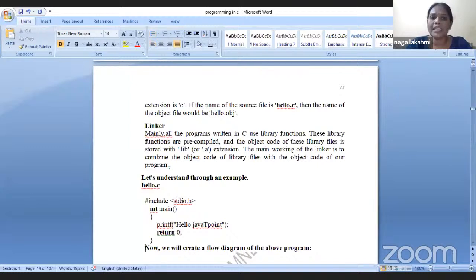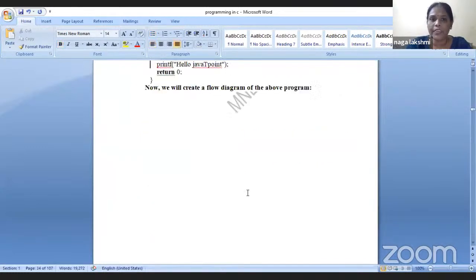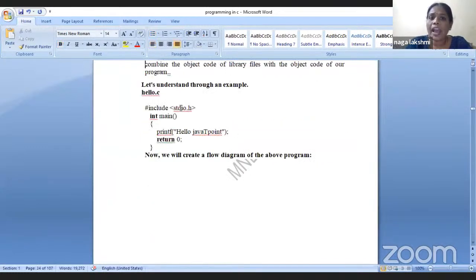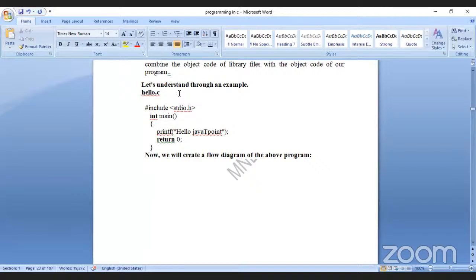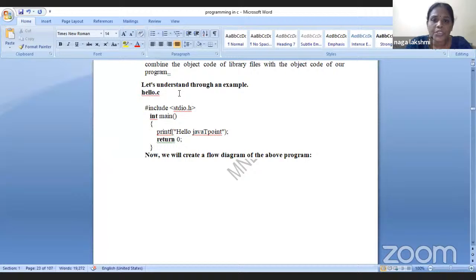You could see the program here. #include stdio.h. Here main is a function, printf is a function, return is a keyword. All these are defined under the standard input output header file. I told you yesterday there are three types of compilers.